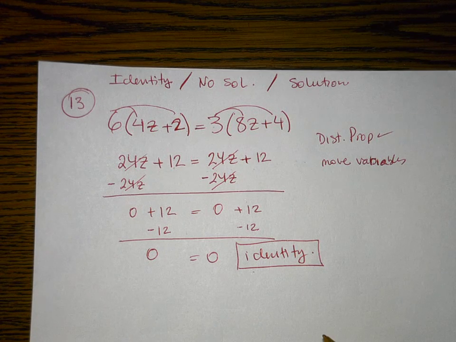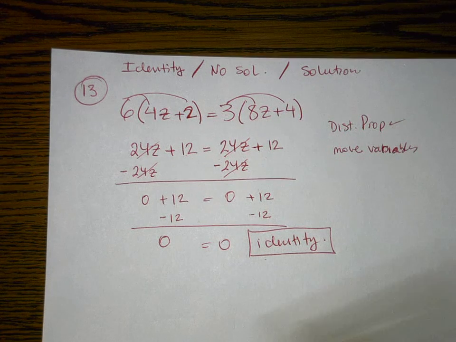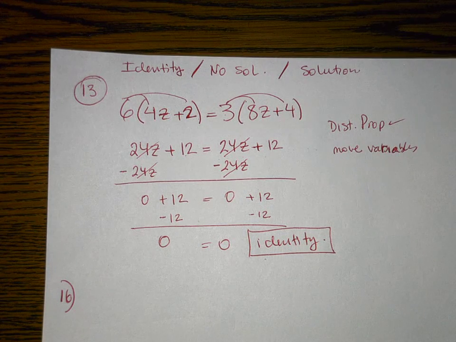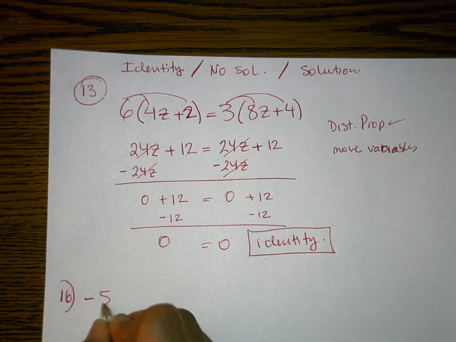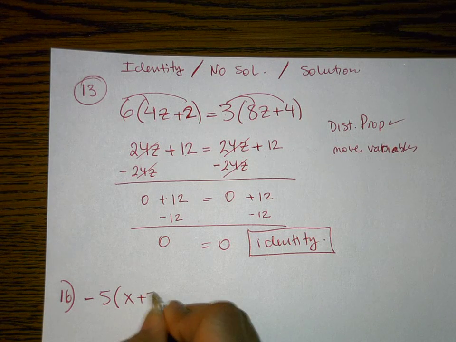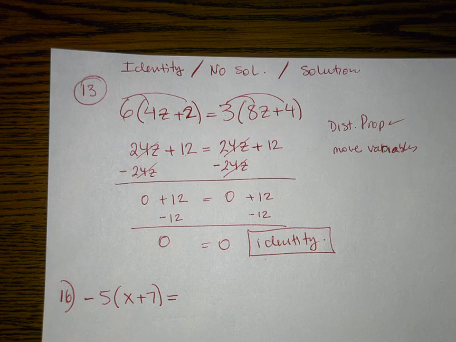Now, let's do a problem where we don't get the identity answer. That is why I chose number 16. Number 16: negative 5 times the quantity x plus 7, and that is going to equal negative 5x plus 35.